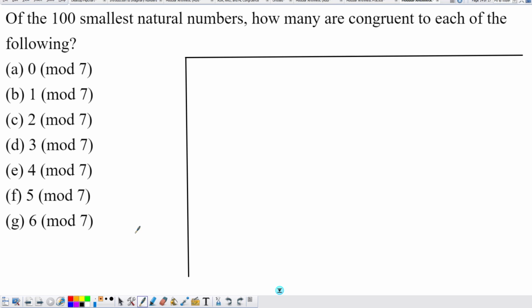So, let's continue that idea, where if we were to list out every value going from 0, 1, 2, 3, 4, 5, 6, then what we would want to do is repeat, because we're in modulo 7. It never becomes 7 itself. So 7, 8, 9, 10, 11, 12, 13.